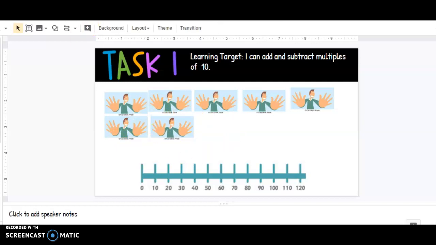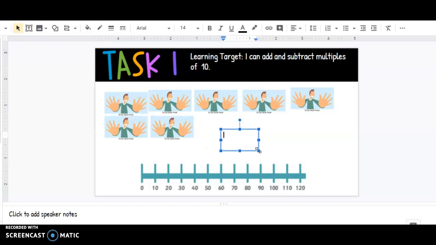I'm going to go up here and insert a text box so I can type an equation. So we started out with 50 fingers and 2 more people joined the group. How could I represent that in an equation? Well, I could say 50 plus 10 plus 10.